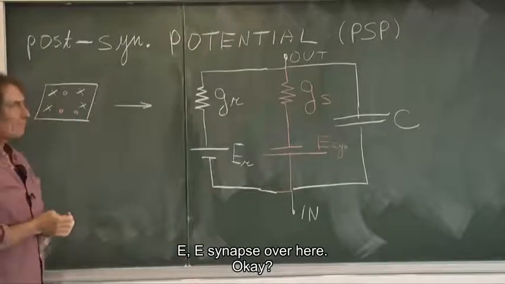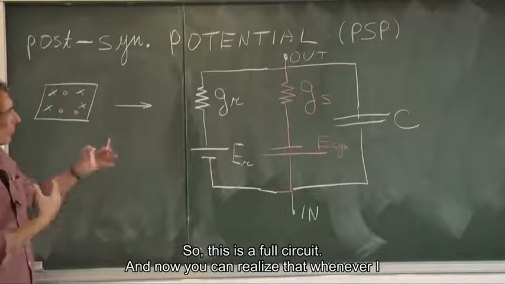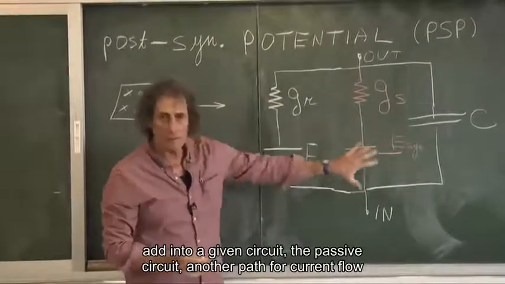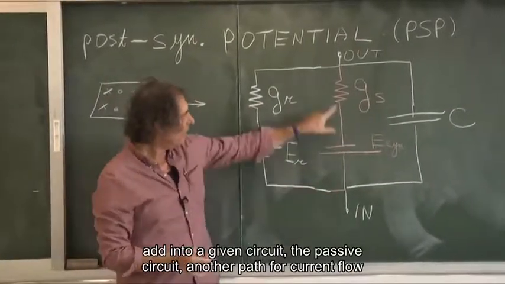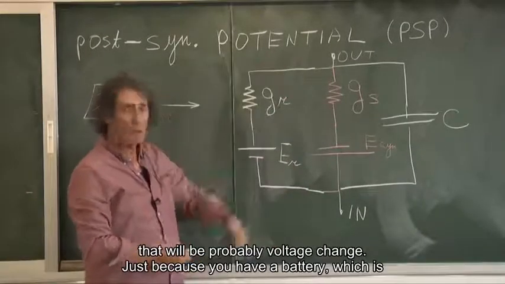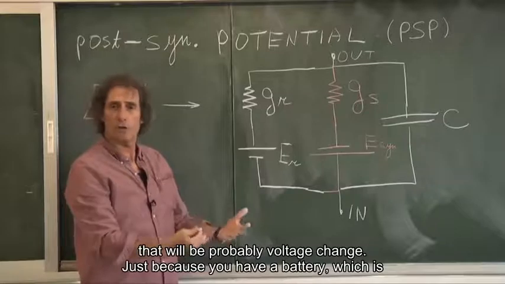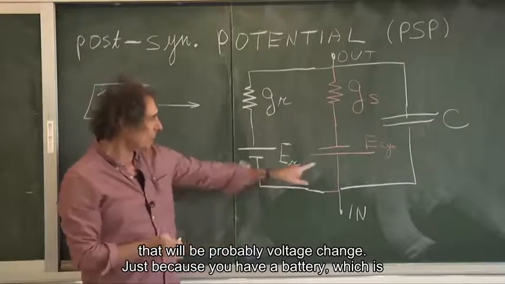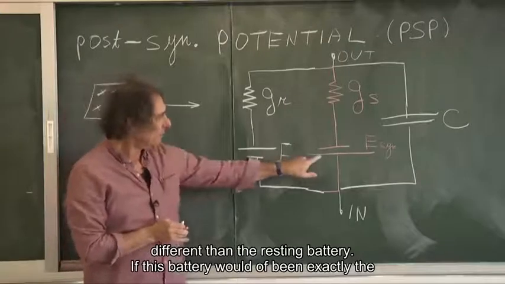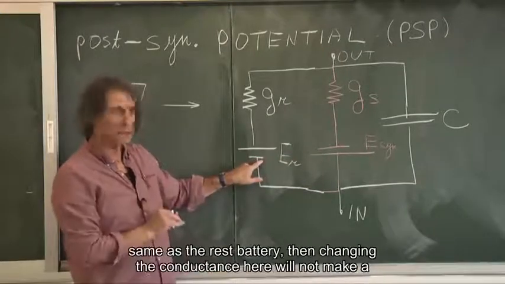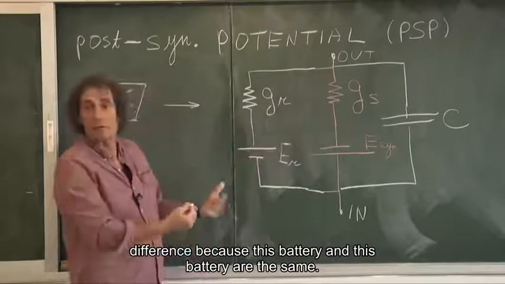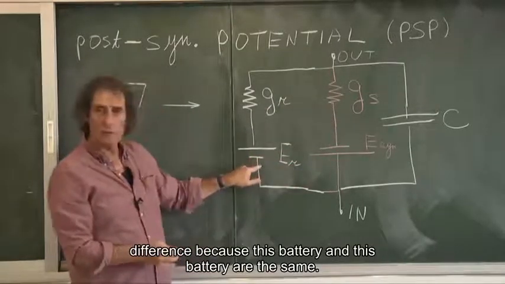Okay? So this is a full circuit, and now you can realize that whenever I add into a given circuit, the passive circuit, another path for current flow, there will probably be a voltage change, just because you have a battery which is different than the resting battery. If this battery had been exactly the same as the rest battery, then changing the conductance here would not make a difference, because this battery and this battery are the same.